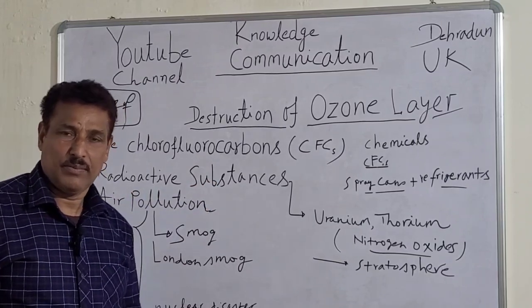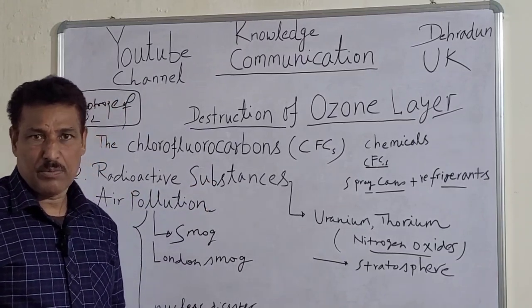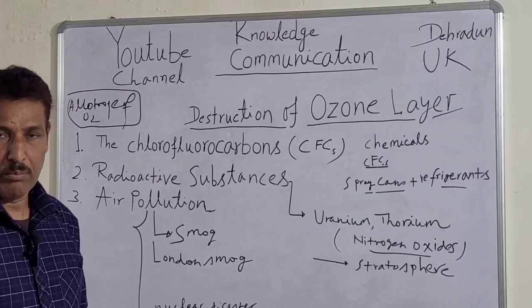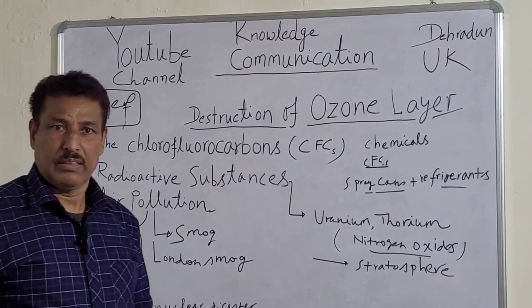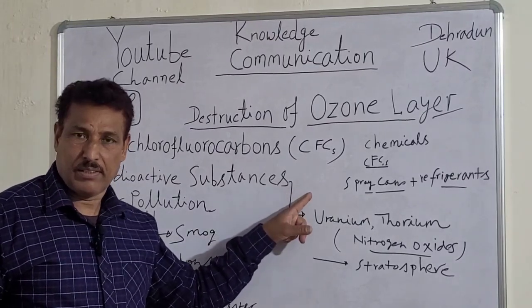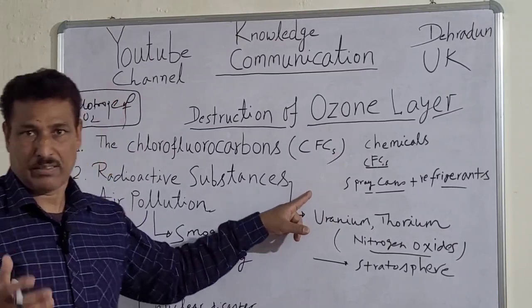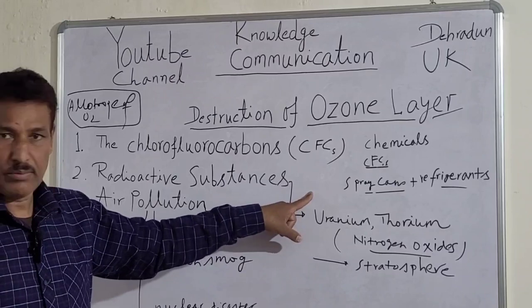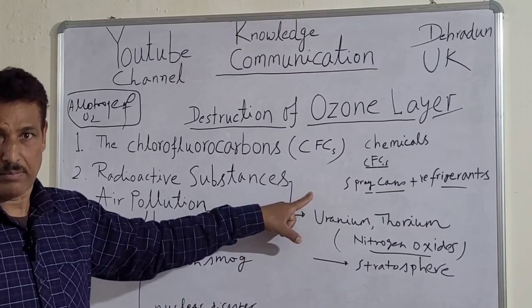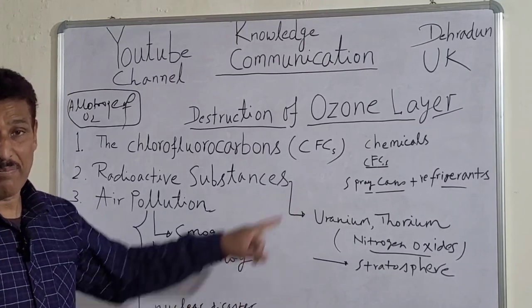Second, the radioactive substances. You know very well that power is being produced by setting up nuclear plants. The world is getting electricity out of these plants, but what is happening?